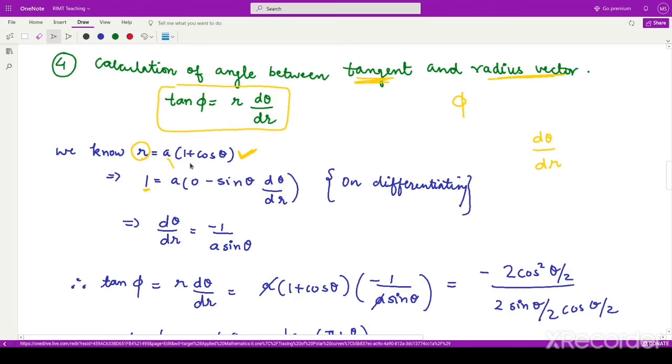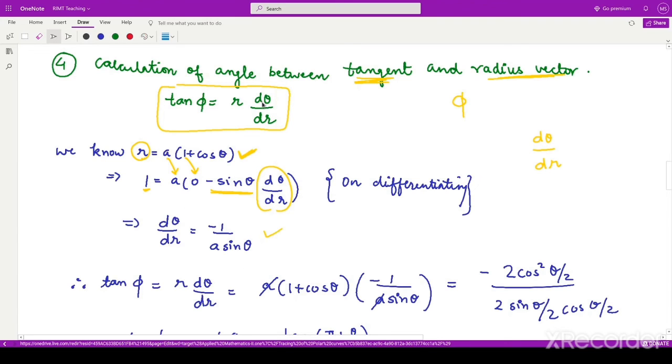Then the derivative of the constant 1 is 0. The derivative of cos theta is minus sin theta, and then further the derivative of theta comes out to be d theta by dr. So this is the required expression after differentiation. From here we are interested to calculate this value d theta by dr. So the value is this one.